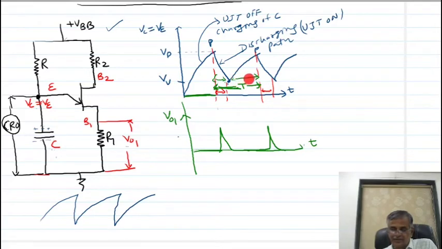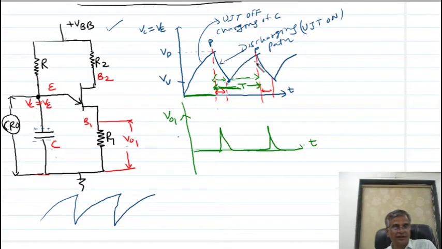This is the charging time of the capacitor through capital R. Here I take this time as the periodic time T, because the discharging time is very small, so I am neglecting it. So this is the periodic time T of the sawtooth waveform.